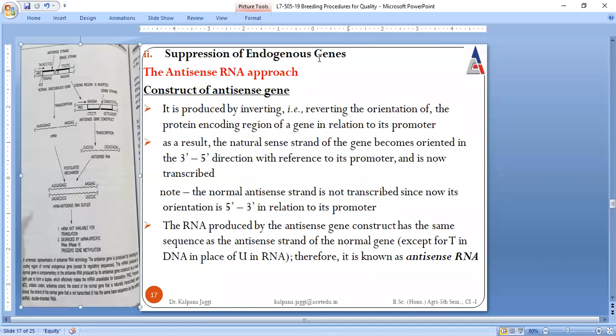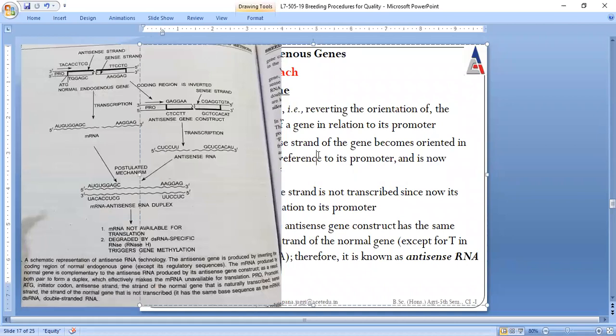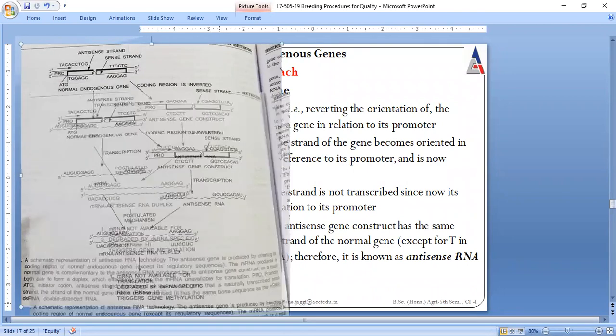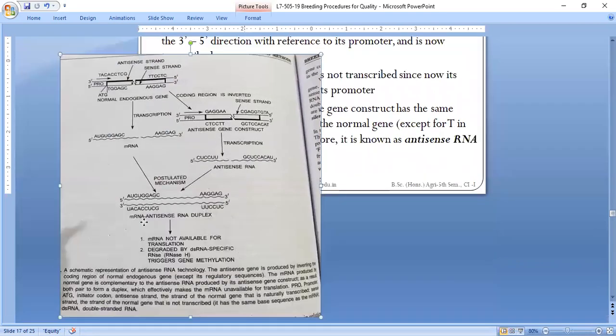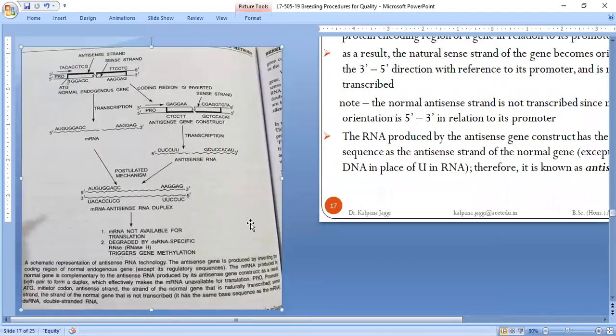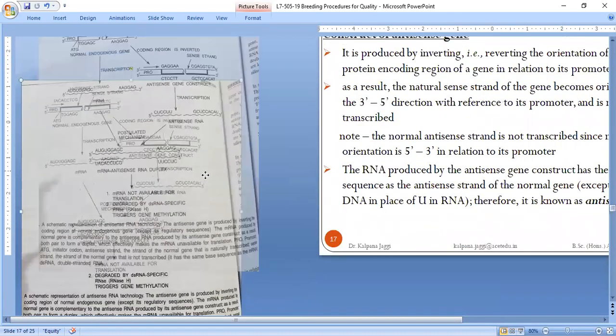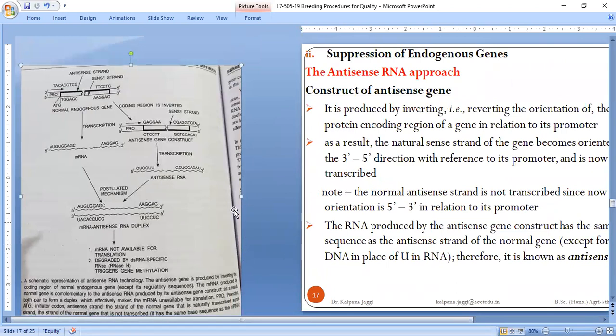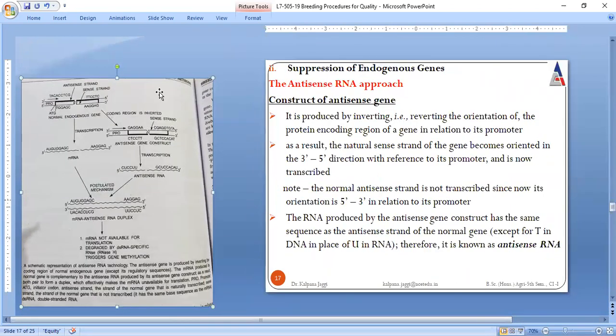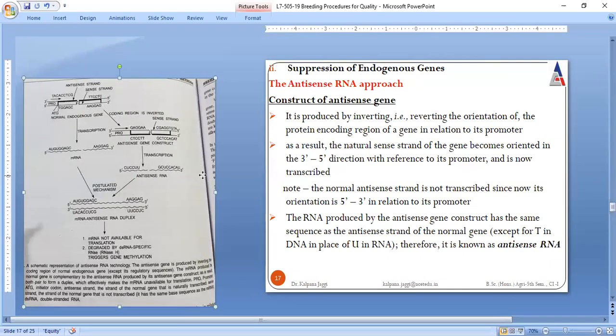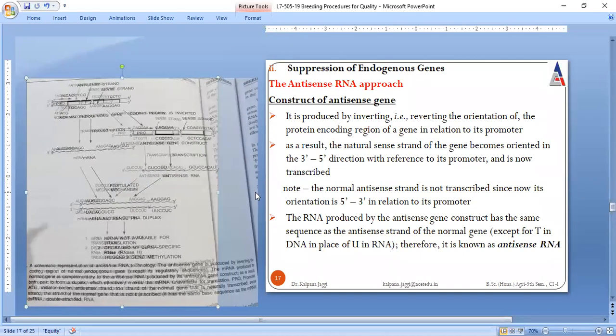Now see here what is represented. I just hope this image is clear to all.